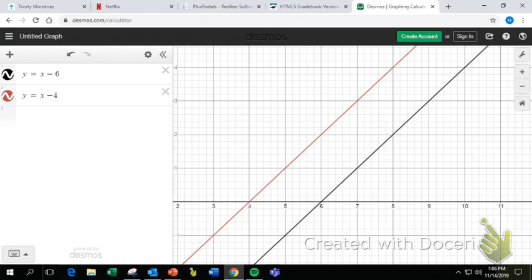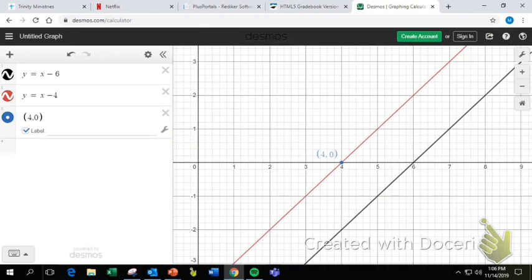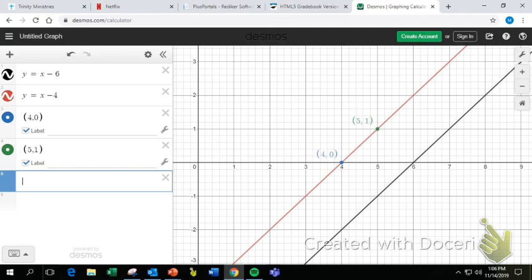No. We still have to draw the graphs, so let's label some points. I see 4, 0, because it's the x-intercept. What's another point on the red line? How about 5, 1? How about 3, negative 1? See 3, negative 1?